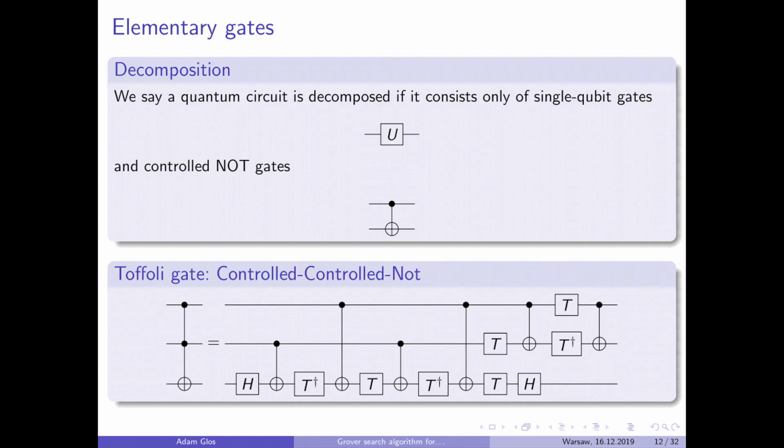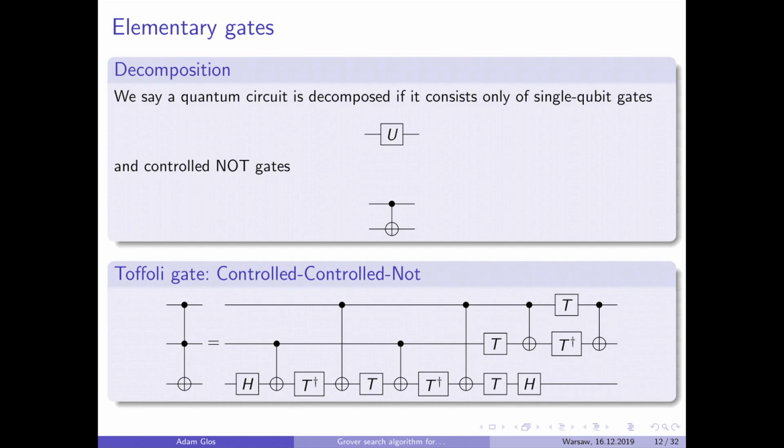And it turns out that it can be decomposed into the following circuit. In fact, it can be shown that we need exactly 6 controlled-NOT gates for implementing this Toffoli. We don't need more, we cannot do less.